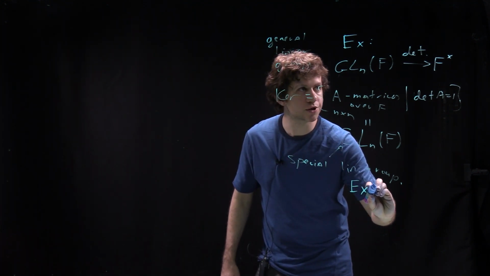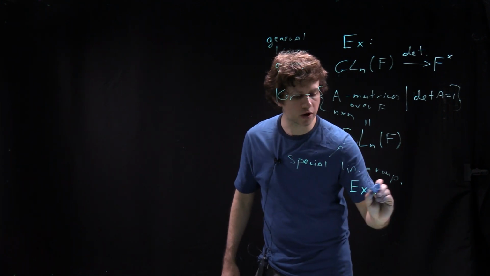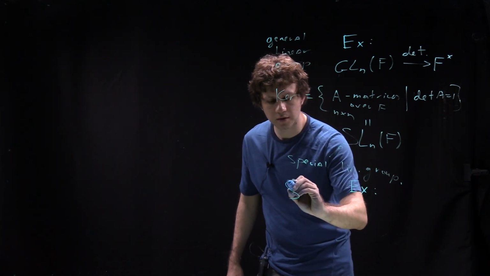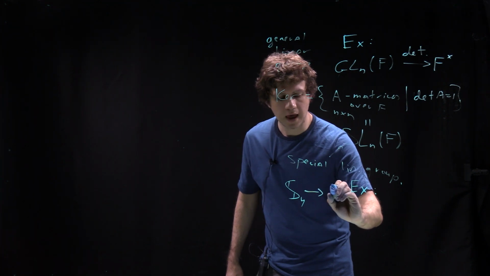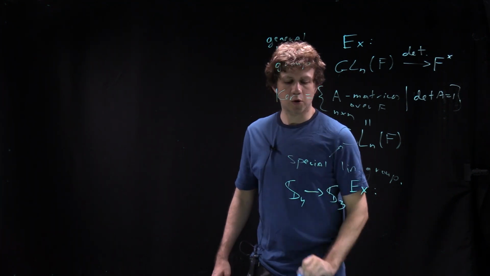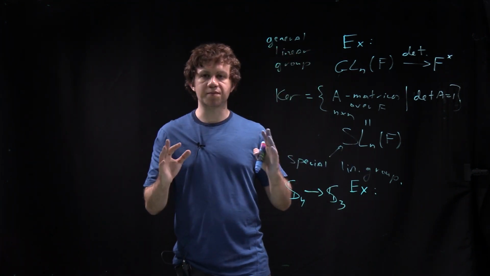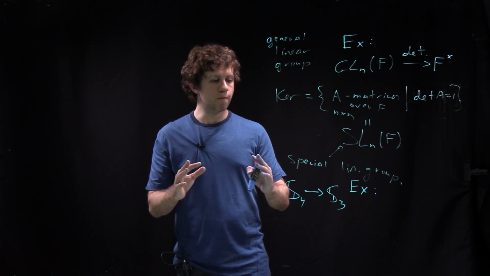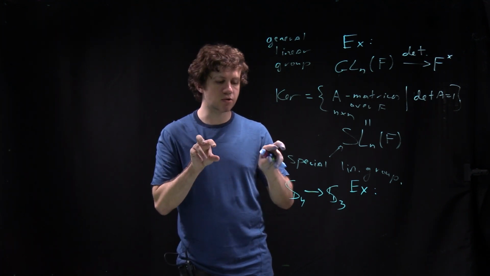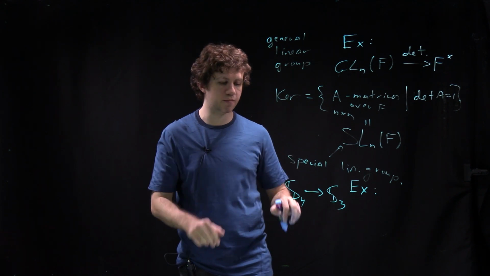Another example might be: what about S4 going to S3? And so we need to find permutations which fix these three ways to divide elements in pairs.